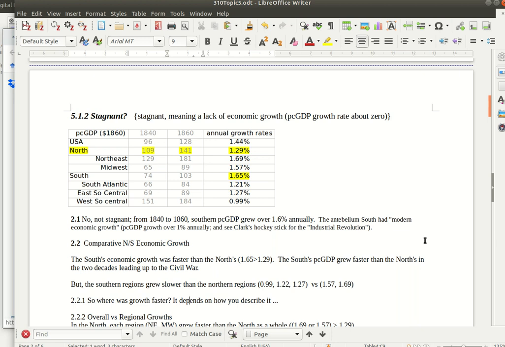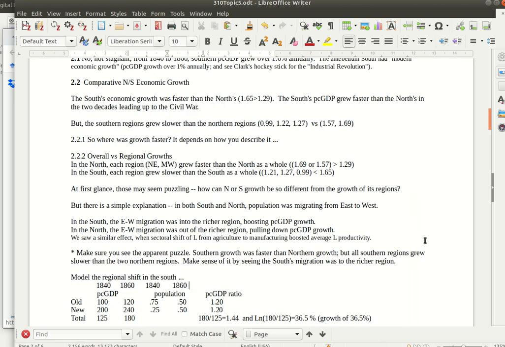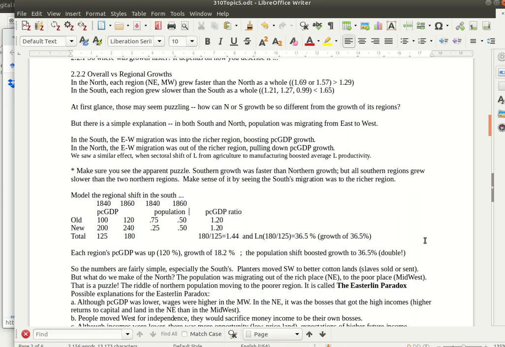So that's the simple explanation, and as I discussed down here, when we model the regional shift, which you may or may not want to work through, you should be reminded of part one of the class, when we saw the sectoral shift of labor from agriculture to manufacturing, boosting the average labor productivity in the economy.